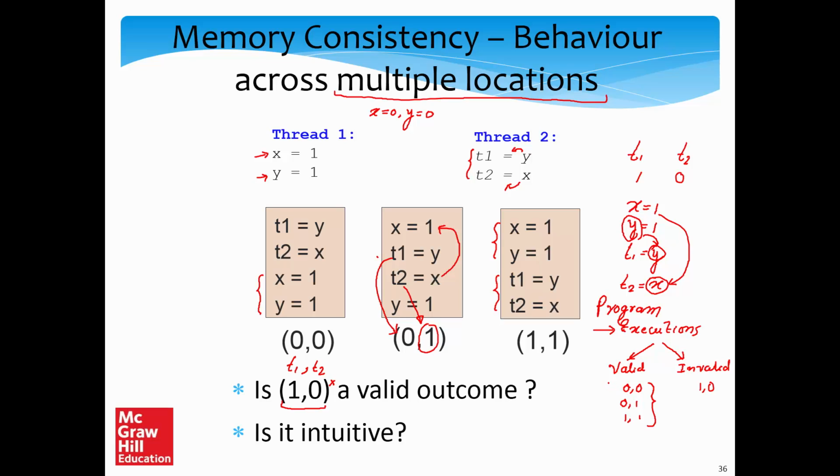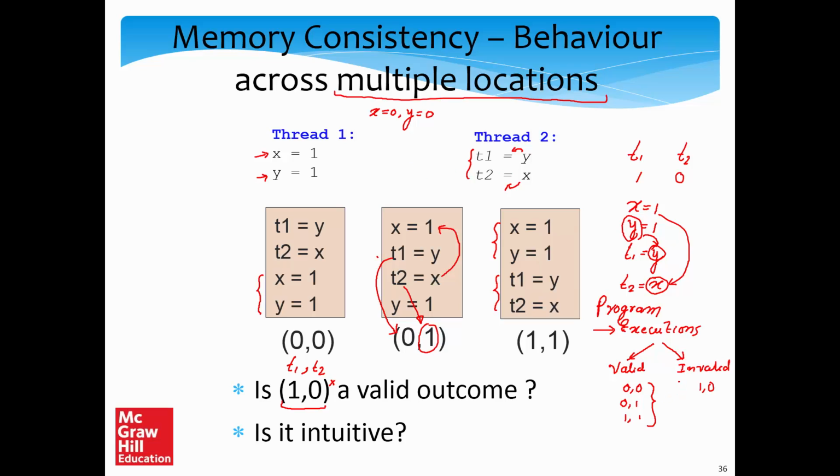It is not necessary that one machine has to follow a certain logic. Maybe in some machines 1, 0 might also be a valid outcome. We will see. But a model basically tells you, for a program of this type with two threads, what the valid outcomes are and what are invalid.